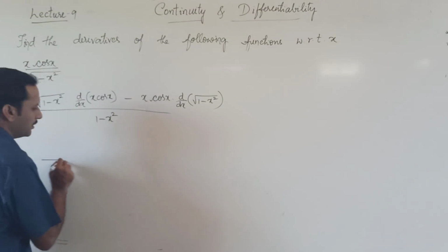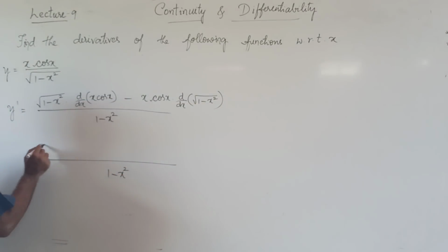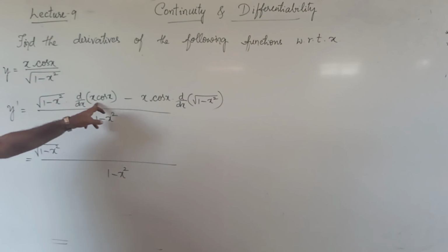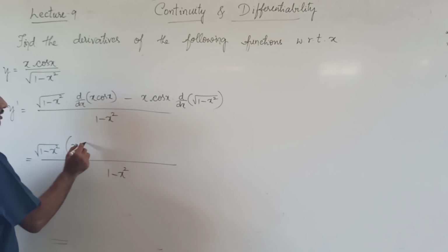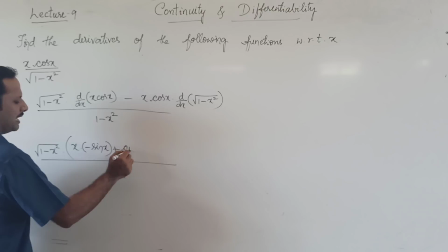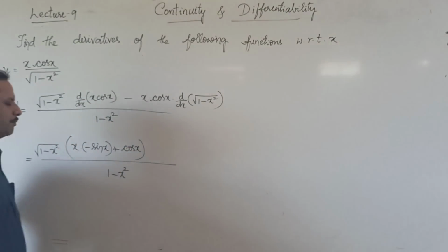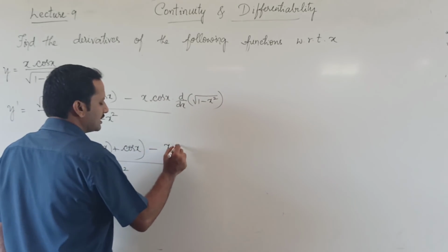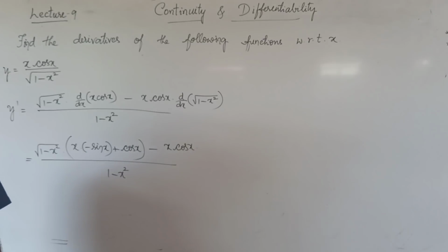Denominator is 1 minus x square. Numerator is root 1 minus x square into derivative of x into cos x. Here I have to use the product rule. x into derivative of cos x is minus sin x, plus cos x into derivative of x, which is 1, minus x cos x into the derivative of root 1 minus x square.